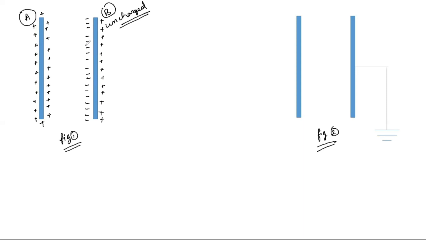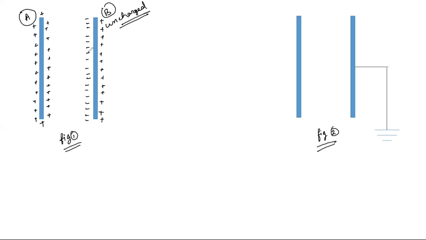Now, since this negative induced charge is placed near plate A, it will decrease the electric potential of plate A. That means it can now take a little extra charge, because the electric potential has decreased. And this positively induced charged face of plate B will increase the potential of plate A. So this plate A is experiencing two things.